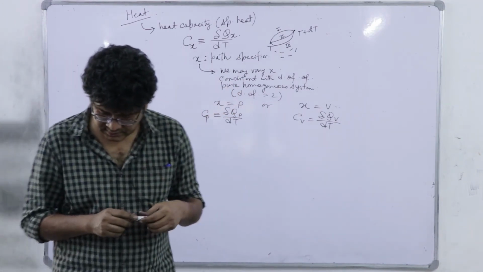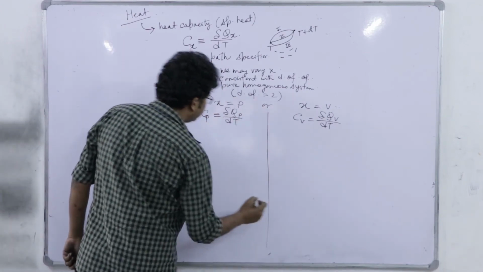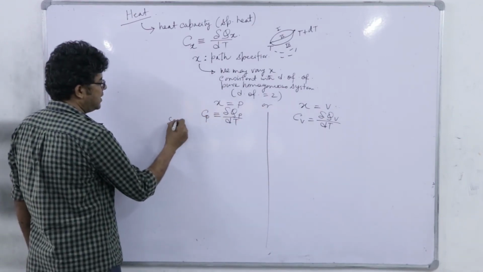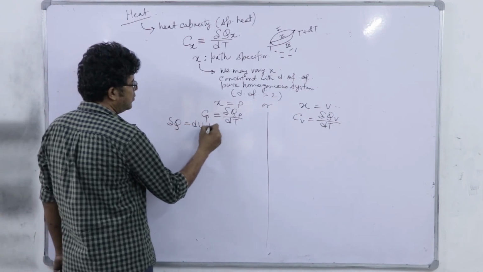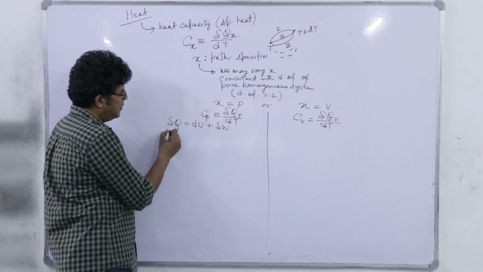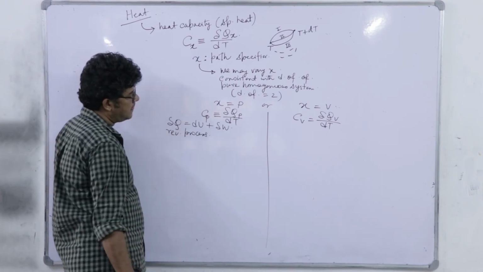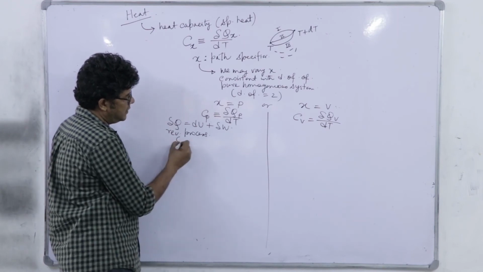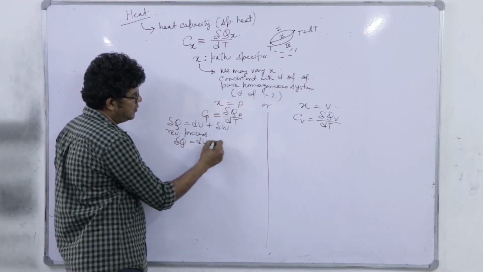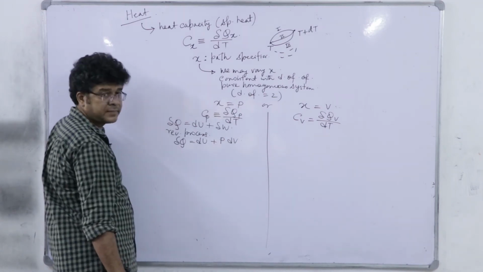Now you see that we have delQ equal to dU plus delW, right? We will think of a reversible process. So delQ is equal to dU plus PdV, correct?